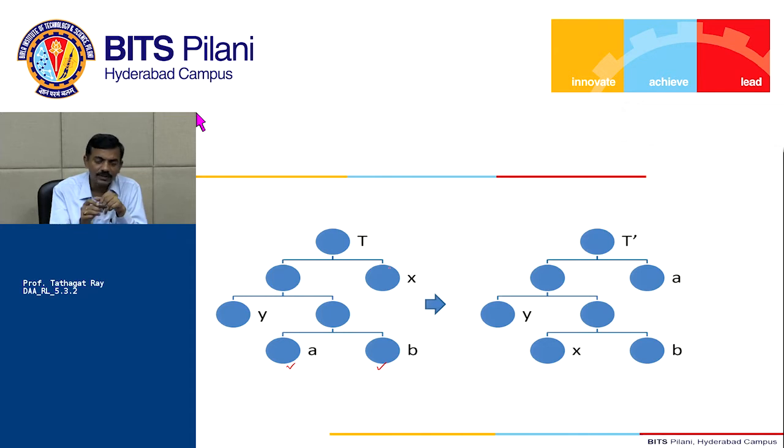X is somewhere in this tree, a leaf somewhere in the tree. A is here, and then what we do is swap X and A, and we get a new tree T prime. So we have swapped A and X in T, and we got a new tree T prime.